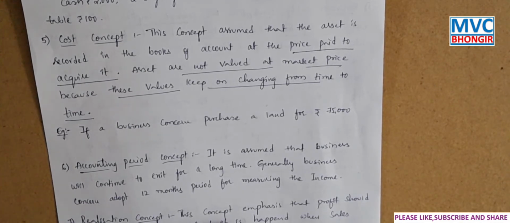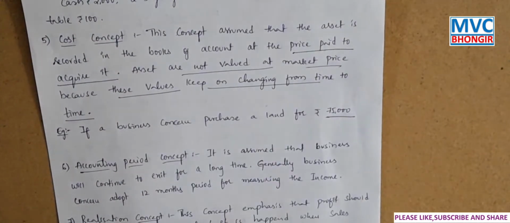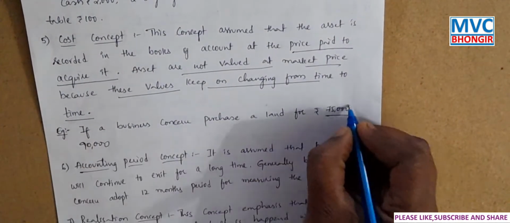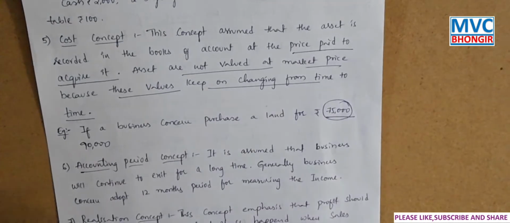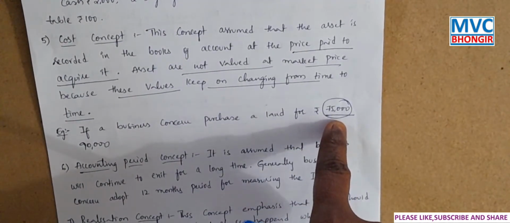Here we are taking an example that if a business concern purchases a land for rupees 75,000, even if its market price at that time happens to be 90,000, here we are considering the 75,000 only, because at the time we purchased for 75,000.